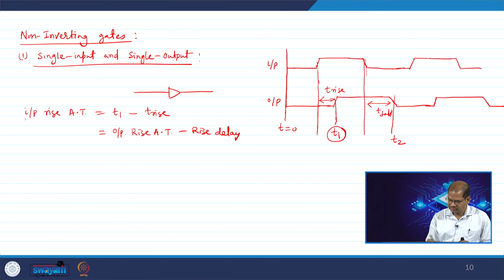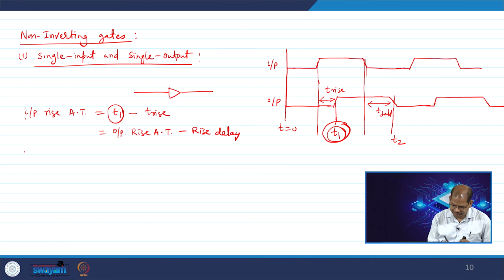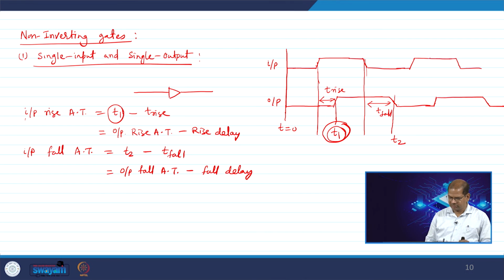So, this T1 corresponds to this T1 here. Similarly, input fall arrival time is basically T2 minus T fall. The T2 is basically the output fall arrival time minus fall delay. Okay. So, this is for the single input and single output gates.